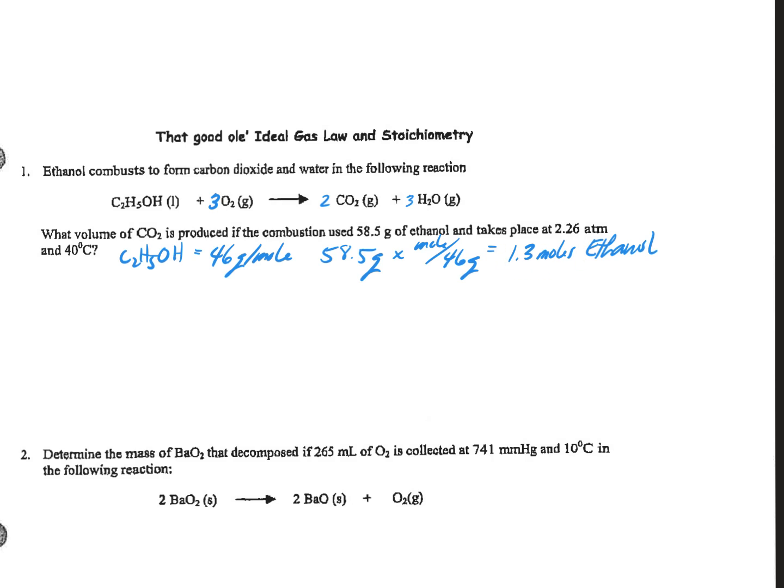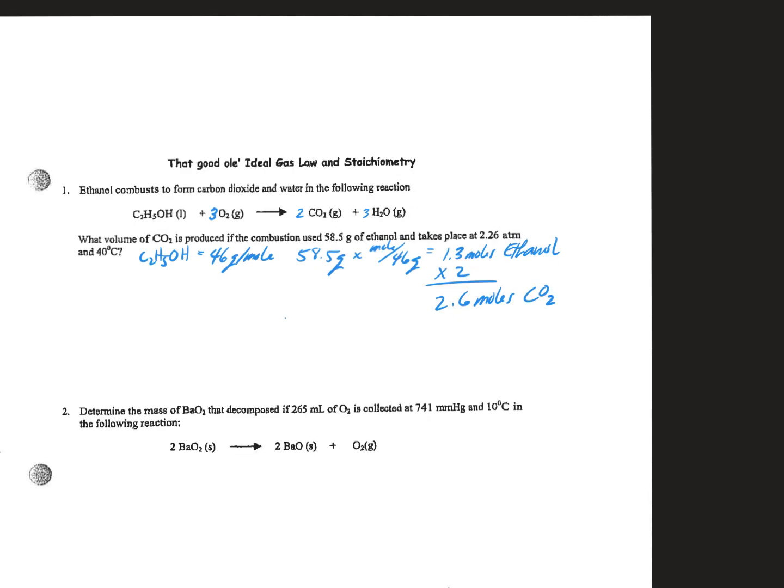Now, if this is 1.3 moles of ethanol, then the amount of CO2 that's going to be produced is going to be 2 moles per every 1 mole of ethanol. So we're going to take 1.3 moles and multiply it by 2. So again, because the mole ratio is 1 to 2, whatever number of moles of ethanol we're going to use, we're going to make twice that of CO2.